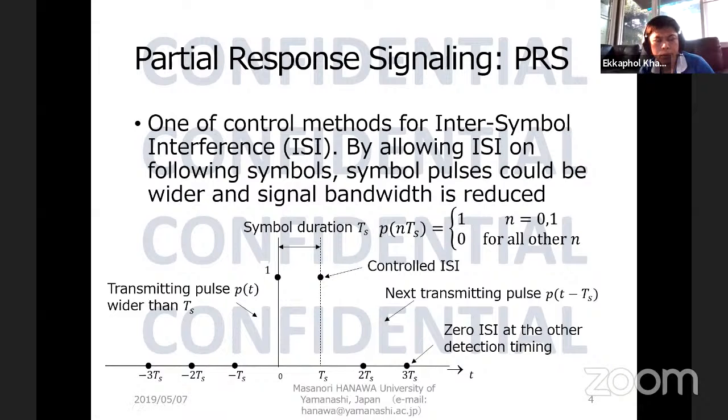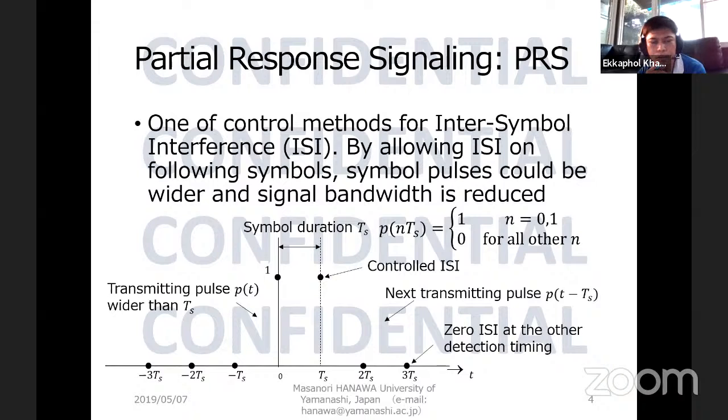Usually we use a very narrow pulse, the width is less than TS, to transmit the signal. But in this case, we use a basic pulse which has wider pulse width than TS.